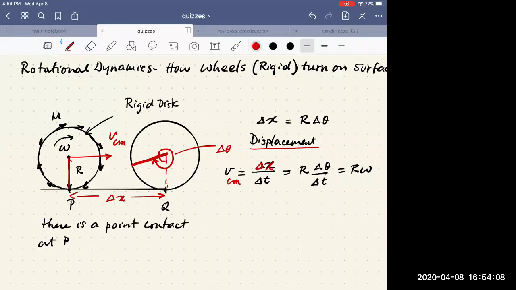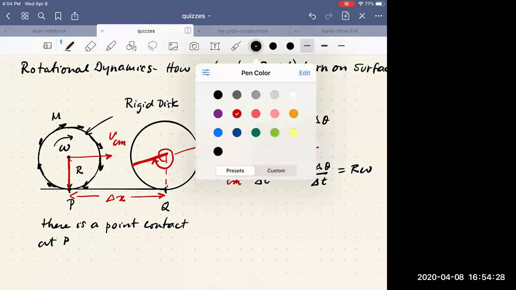So we are talking about some interesting issues. One is the fact that at point P, there is a point contact. The wheel is beginning to turn. As it begins to turn, the instantaneous analysis would yield velocities like I have drawn here.